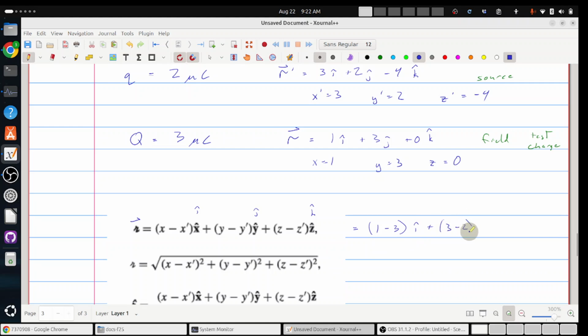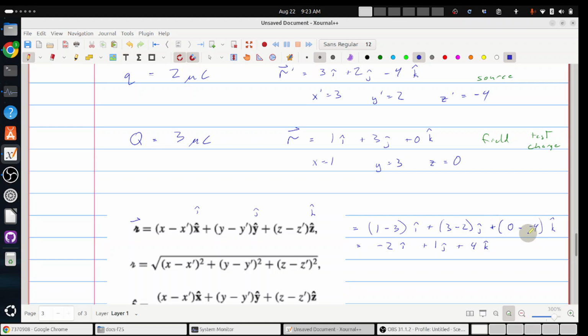3 minus 2. And then it's going to be 0 minus negative 4. So we can simplify this, right? So what am I going to have? Negative 2 i hat, plus 1 j hat, plus 4 k hat.